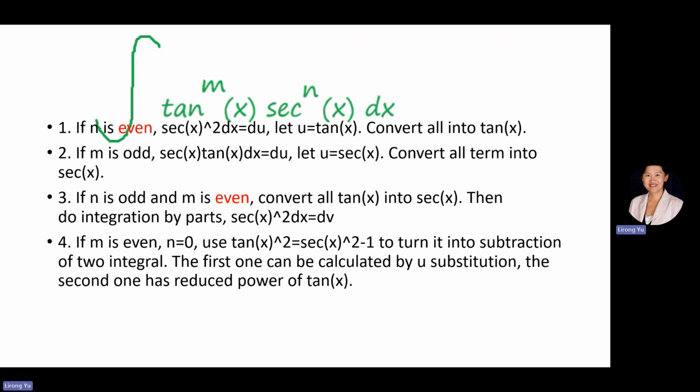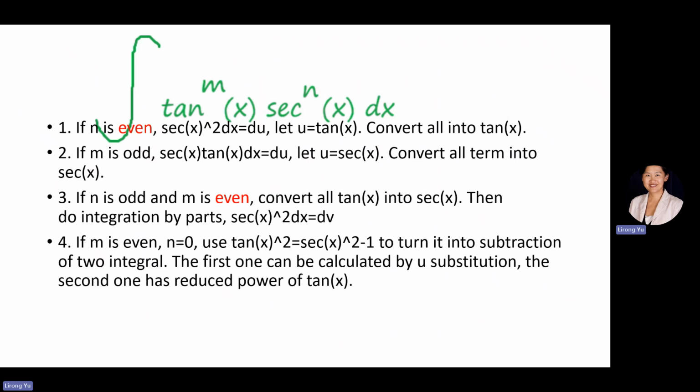Last one, if m is even, but n equal to 0, so this one goes away. You have a higher power tangent of even power. How do we do it? In that case, remember secant square and tangent square have a relation: tangent square of angle plus 1 equal to secant square. So that means any square power of tangent can be converted to a secant.